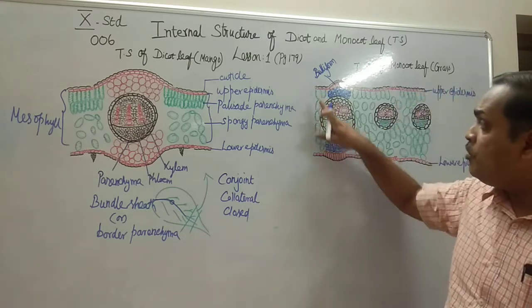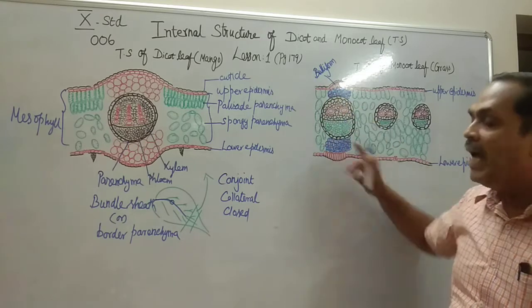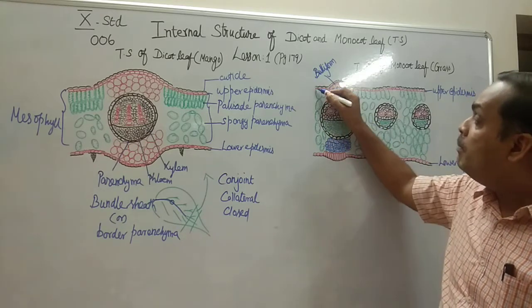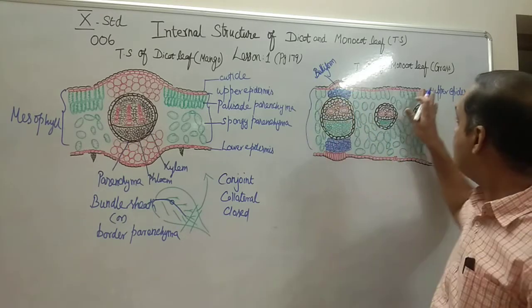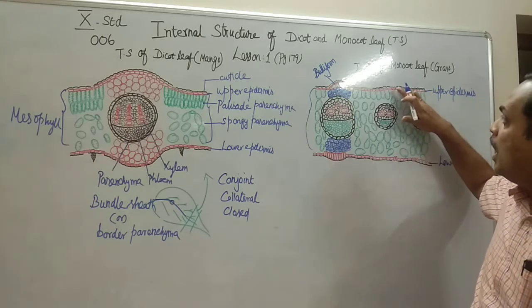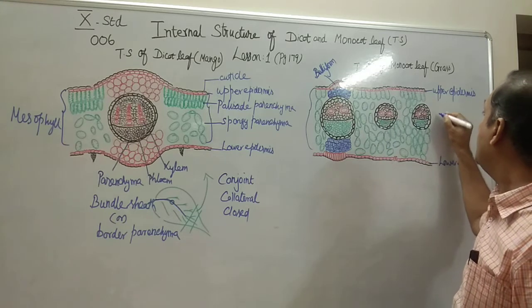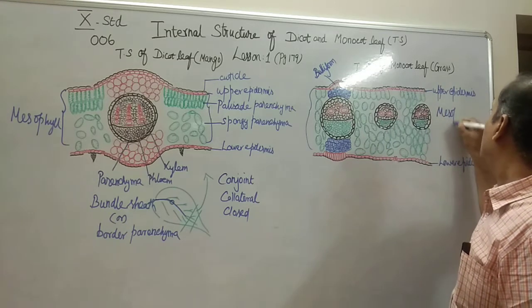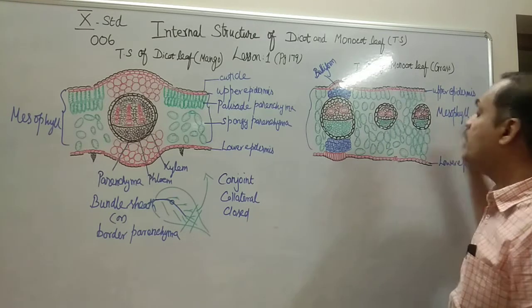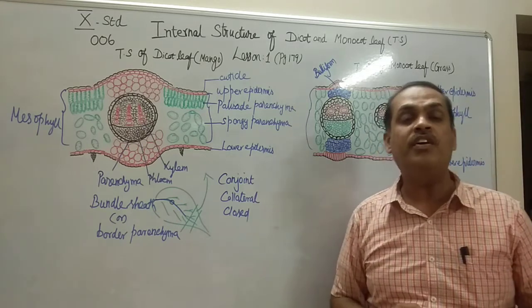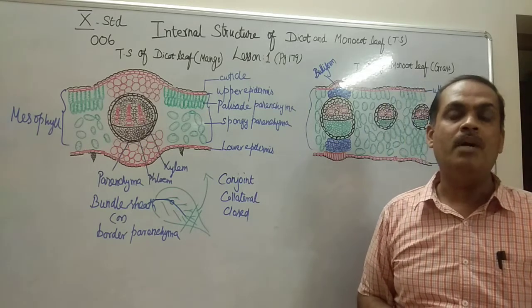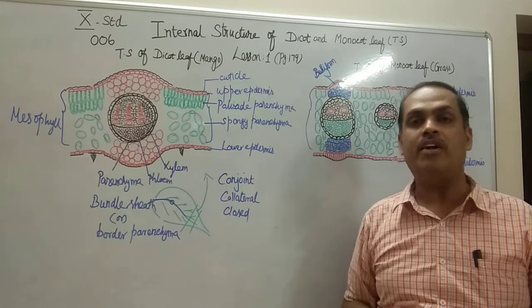Now the tissue that is found between the upper epidermis and the lower epidermis is called mesophyll tissue. So I am writing this: the entire tissue found between the upper epidermis and the lower epidermis is called mesophyll tissue. Now in monocot leaf, the mesophyll tissue is not differentiated into palisade parenchyma and spongy parenchyma as in the dicot leaf.